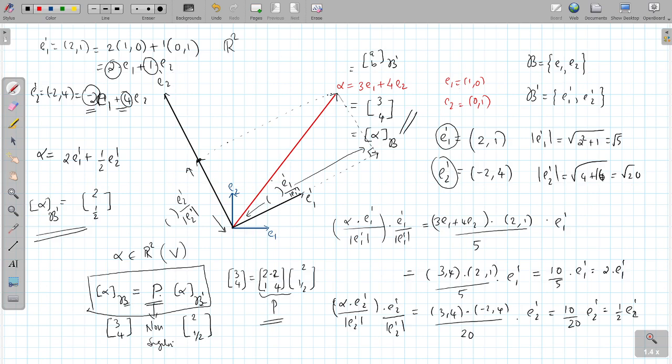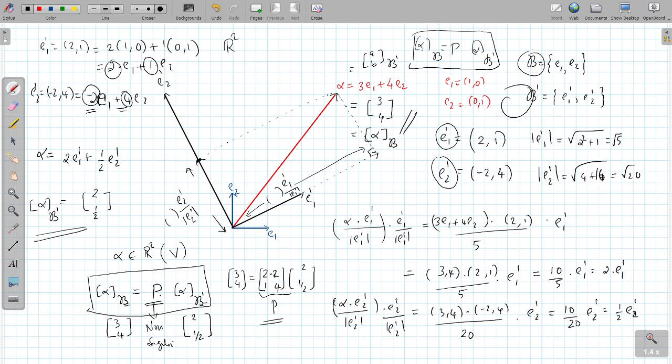So this is the next theorem. If you are given any alpha and two different bases B and B prime, then you can connect the coordinates of alpha relative to the basis B and the coordinates of alpha relative to the basis B prime using a matrix P, and this matrix is always a non-singular matrix.